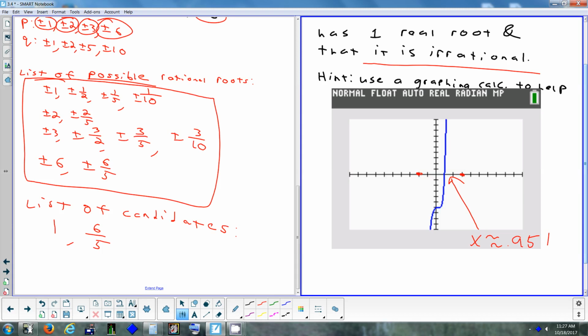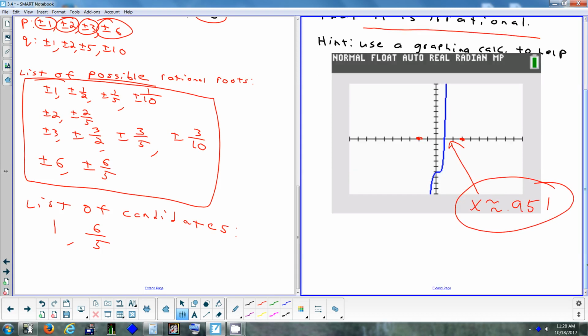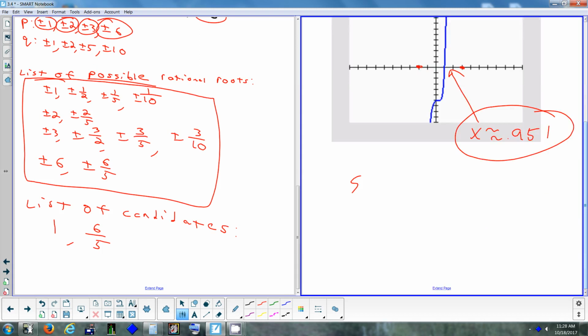Okay? So if you come up with a root, and it's a number that's not in the list of possible rationals, then the only other option, it's irrational. So we just discovered a number that's not in the list of rationals, that has to be irrational. Right? So just write that down.